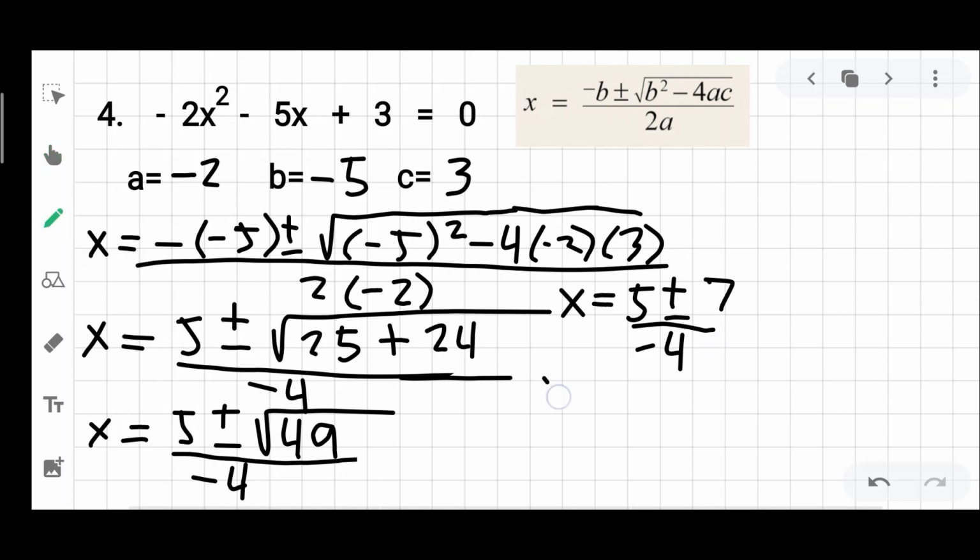So, we use, then X equals 5 plus 7. So, yung positive muna yung gagamitin natin. Then, over 4. So, we have X equals 5 plus 7. The answer is 12 over 4.